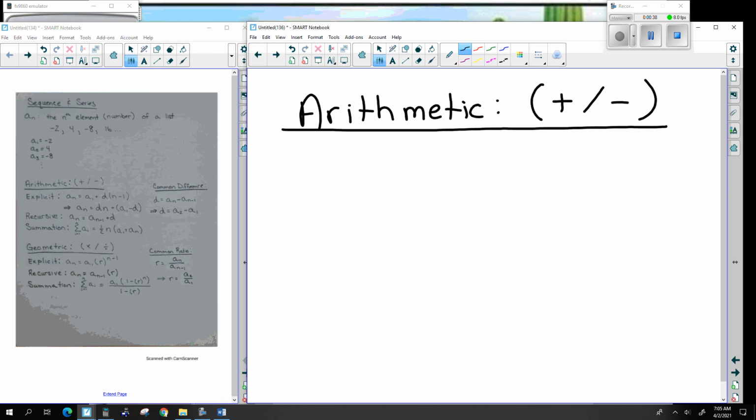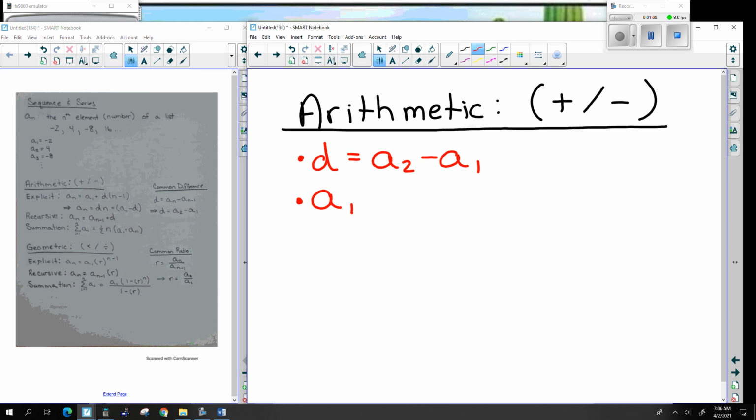The two formulas that we figured out: we begin with a common difference, and the simplistic way of getting that is A2 minus A1. And then you also probably want to know what A1 is, the very first element, so you can plug it in.